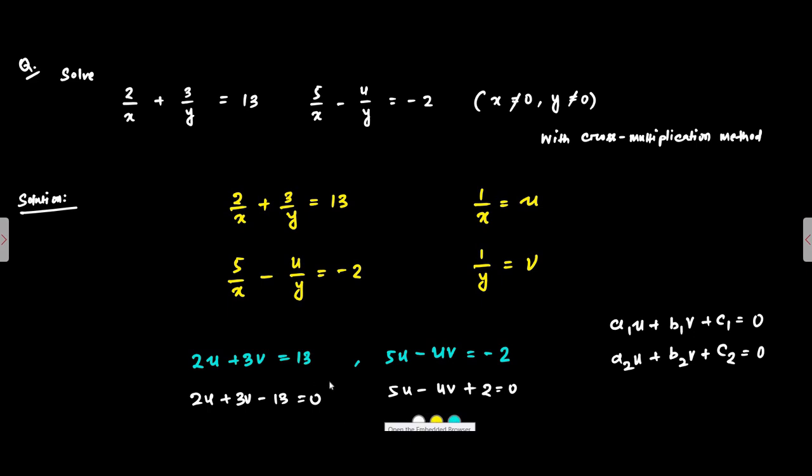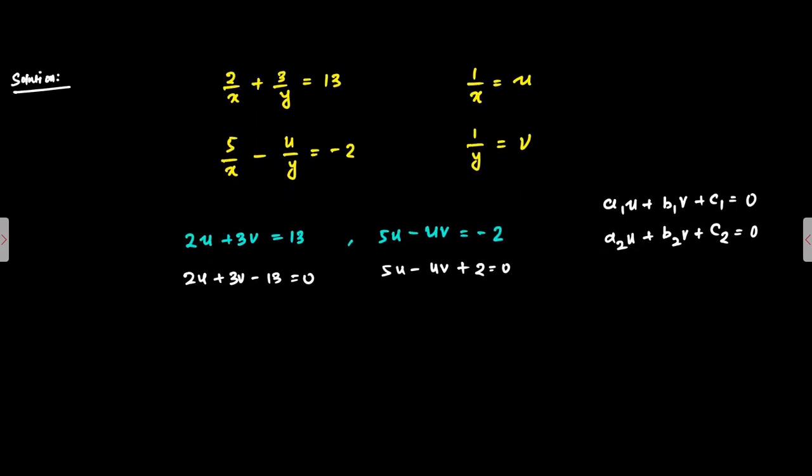So here a1 is equal to 2, b1 is equal to 3, c1 is equal to -13.